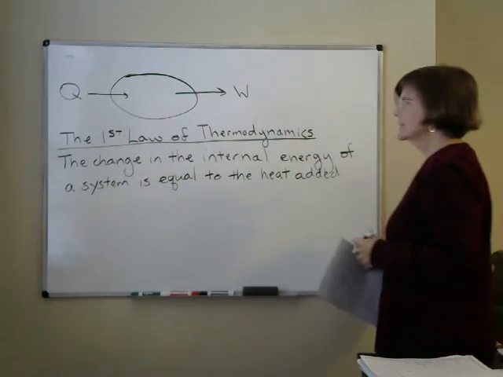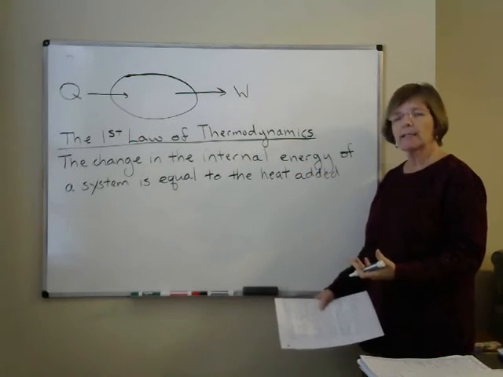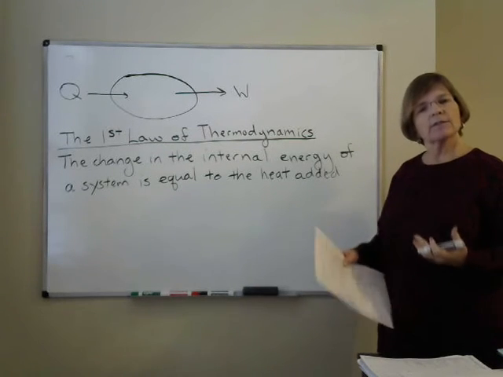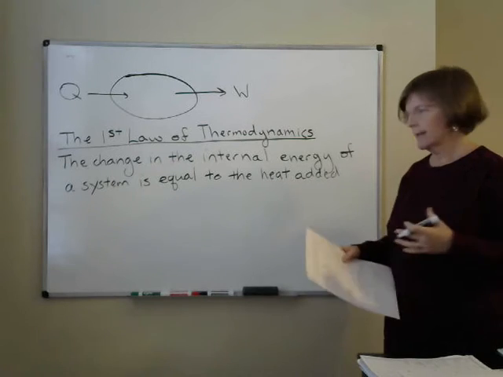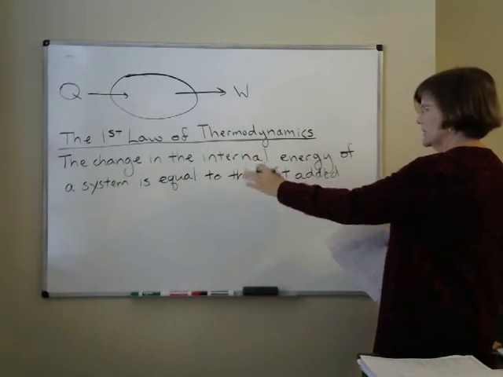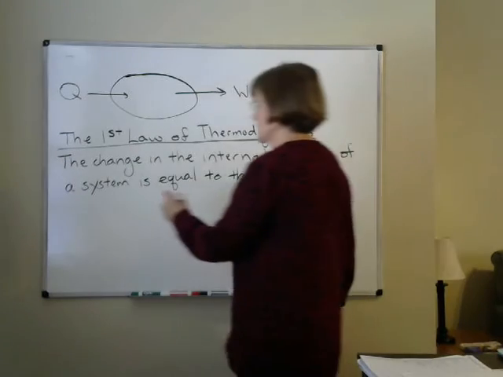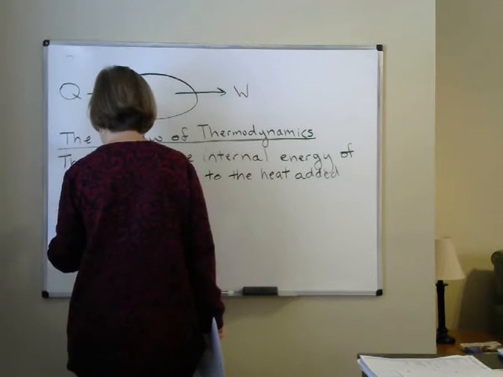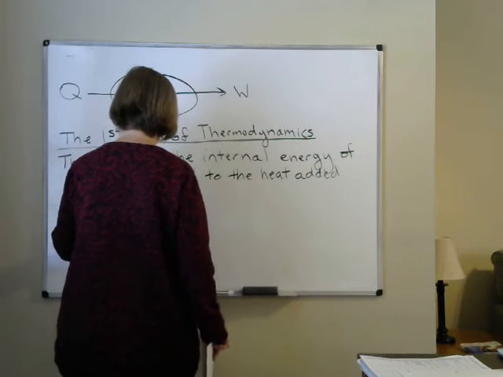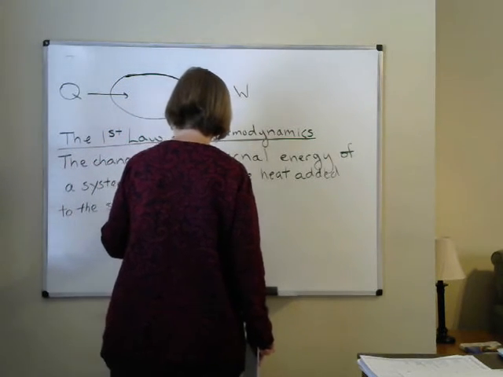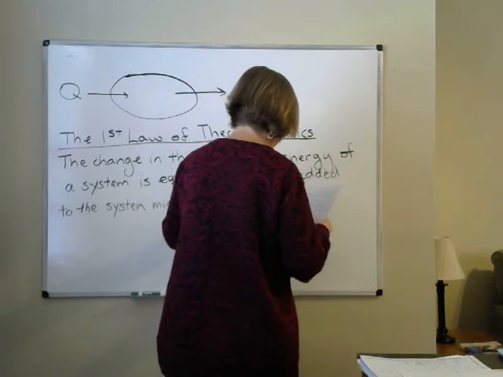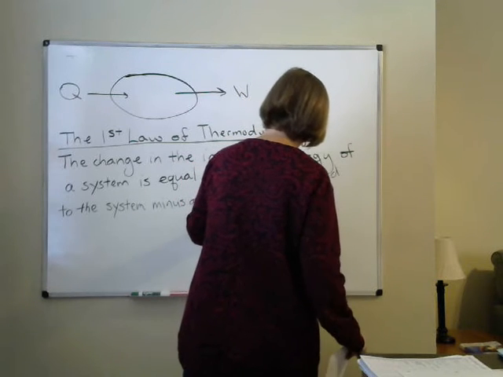So if I add 10 joules of heat to my system, the internal energy went up by 10 joules. That's conservation of energy. That's all that is. So a system is equal to the heat added to the system minus any work done by the system.